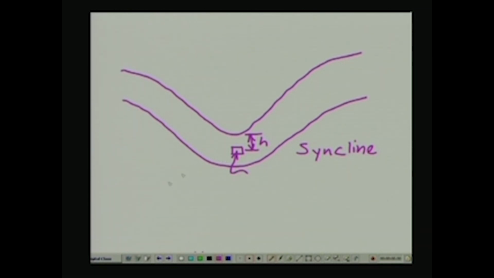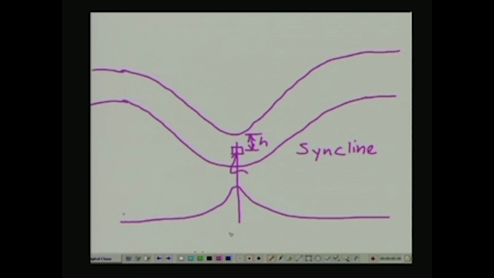Because of topography, the vertical stress near the valley bottom is going to be much larger in comparison with the stresses near the shoulder of this particular fold, and this increase over the background value could actually be several times, and that depends on how steep or how narrow this particular valley is. Okay. So, that is the effect of topography.